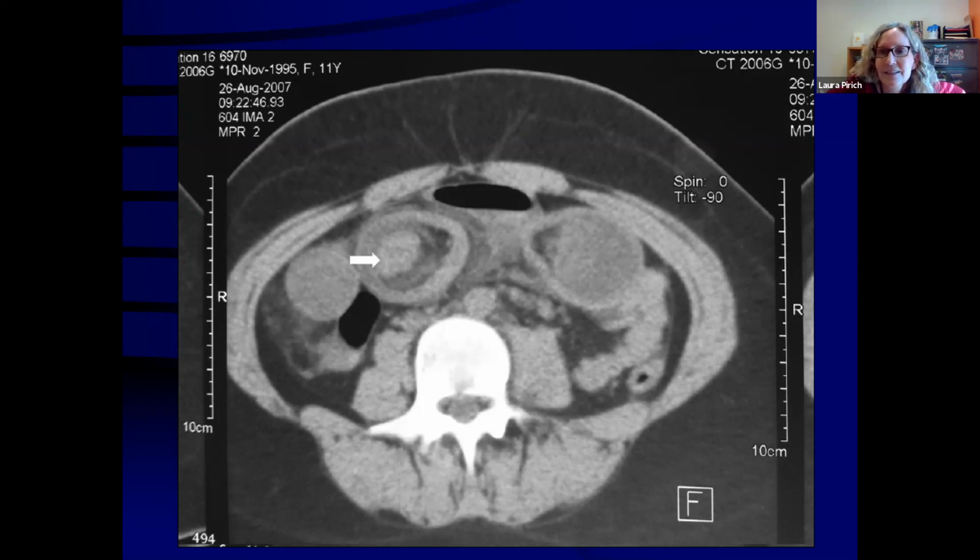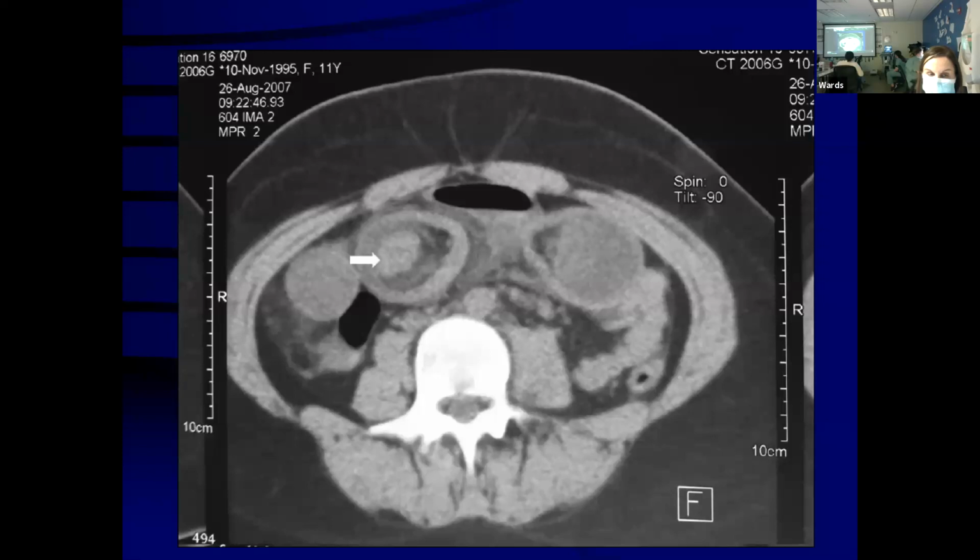Anybody? This is a good one to know. What is the tumor that we see in pediatric oncology that would present with an intussusception?